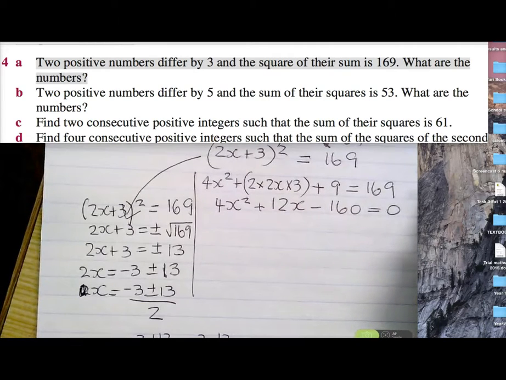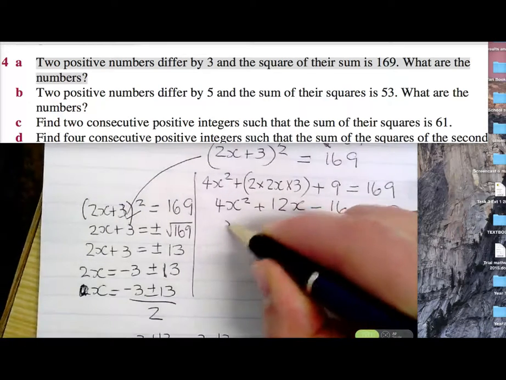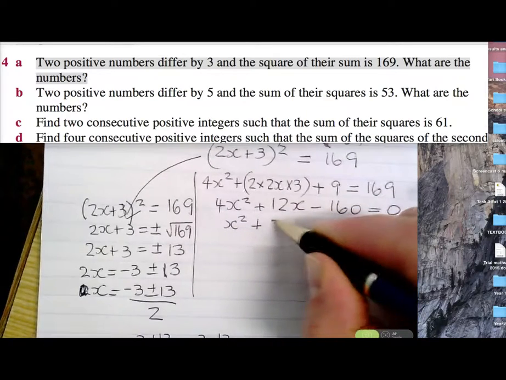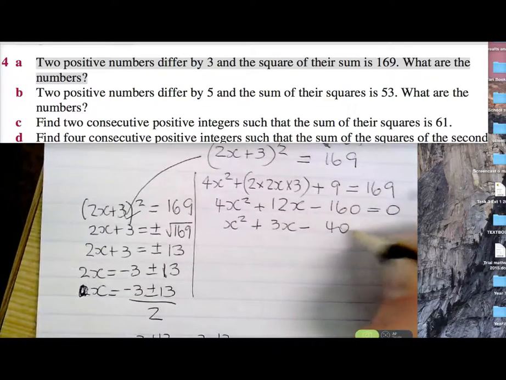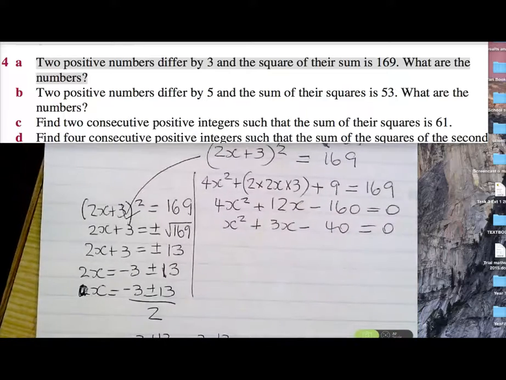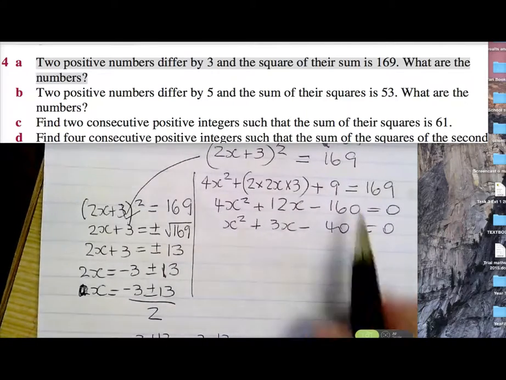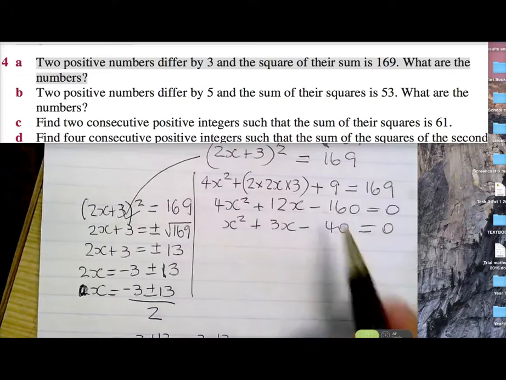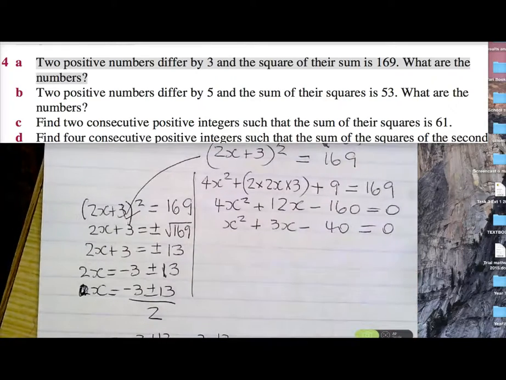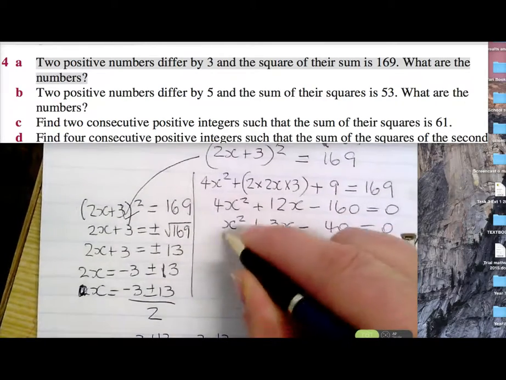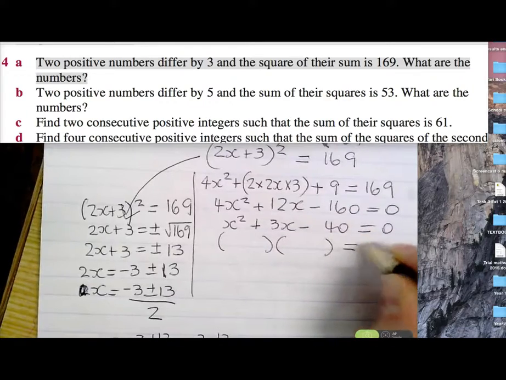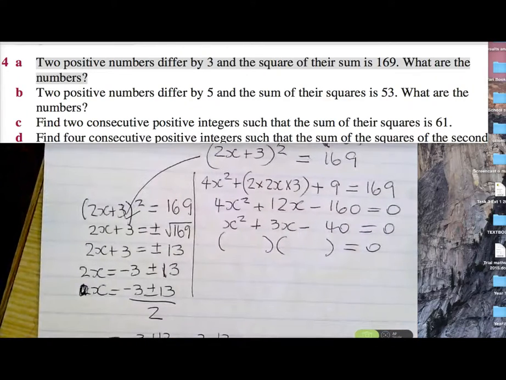So you can divide through by 4, and what do you get? X squared plus 3x minus 40 equals 0. Because it's 9 minus 169. So now, girls, this is probably quicker than that other method.